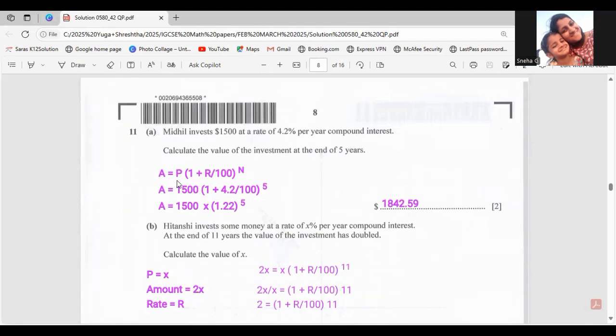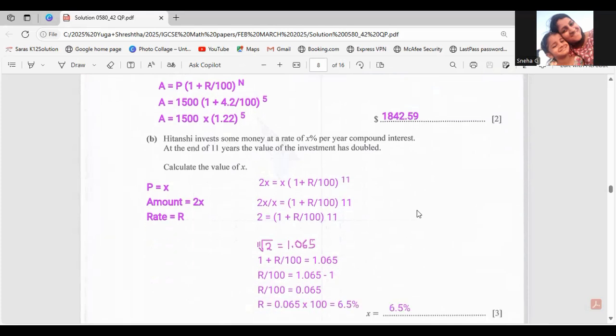The principal amount invested here was 15,000, the rate of interest is 4.2, and it is compounded for 5 years. So after substituting all of these values, I will be writing it down on the calculator. And I get the calculator answer as 18,842.59. So this is the amount that Vidhi will get after 5 years of her investment.